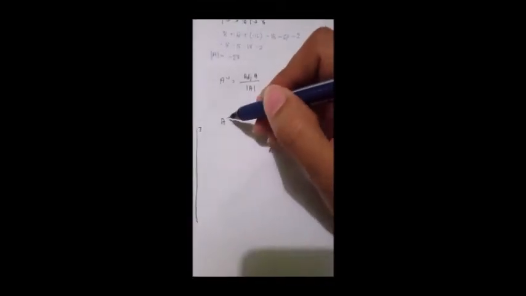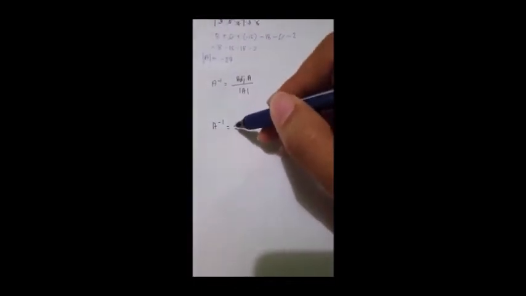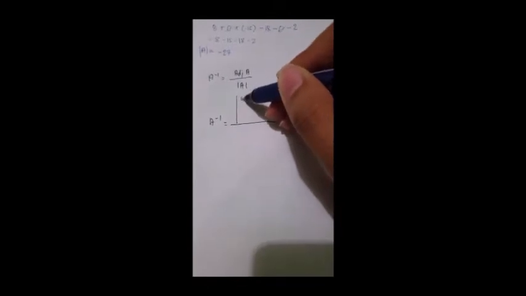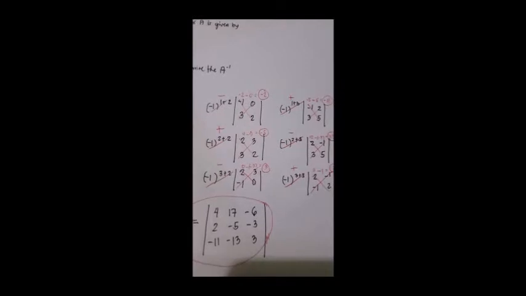So, we have the inverse is equal to, yung ating adjoint is 4, 2, negative 11. We have 17, negative 5, negative 13, negative 6, negative 3, and 3. Ayan.